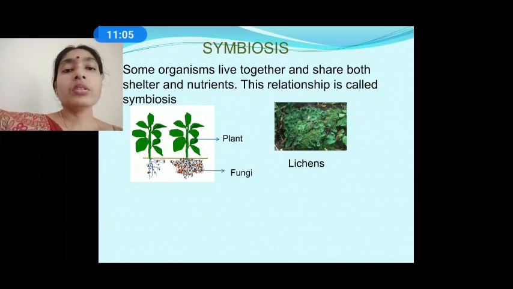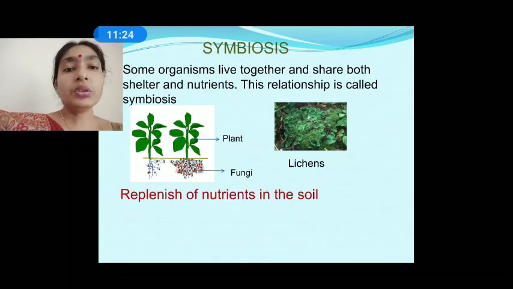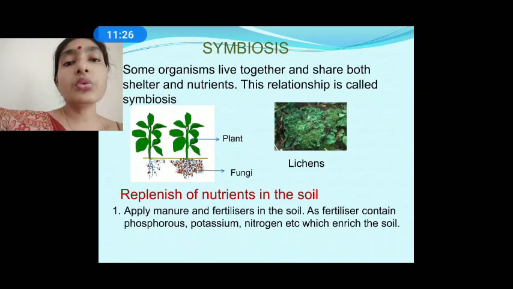Okay, now plants are getting minerals, nutrients, everything from the soil. That means when they take from the soil, the soil's nutritive value goes down. So how can we increase that again? We can do this in two ways.